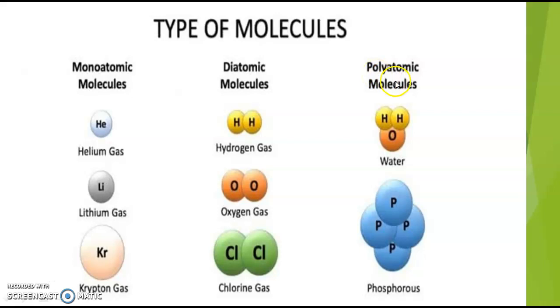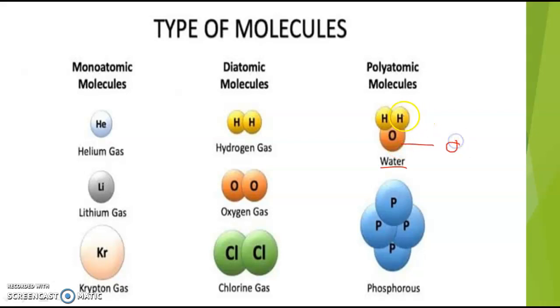Now polyatomic molecules. Poly means more than one, or you can say more than three atoms. When more than three atoms are present in any molecule, they are termed polyatomic molecules. So in this example, water, you can see water has two atoms of hydrogen and one atom of oxygen.